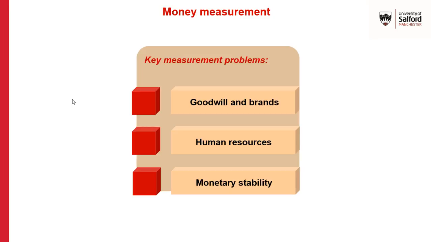So how do you measure that? We tend to resort to the historic cost convention. How much did you pay for it? Human resources. Some businesses have fantastic employees, and a multinational might buy up that company, not for its assets, but for the employees.